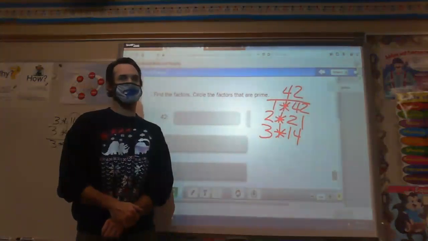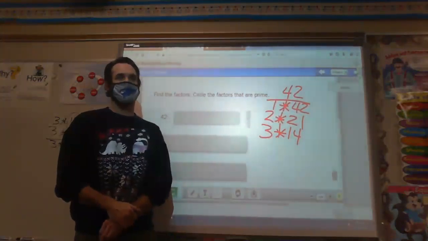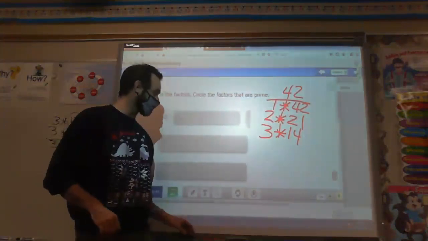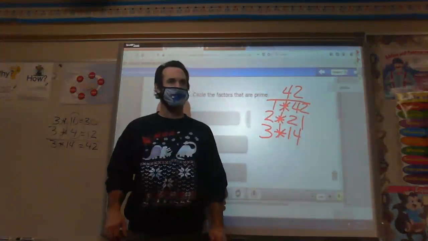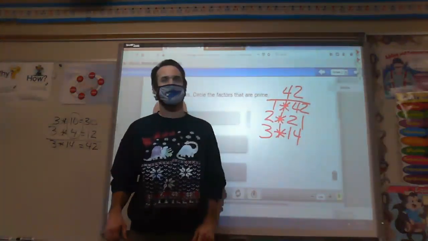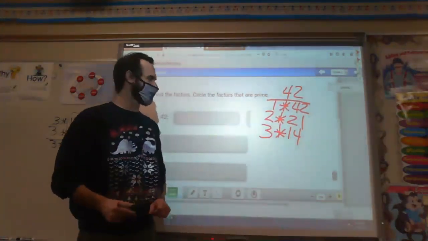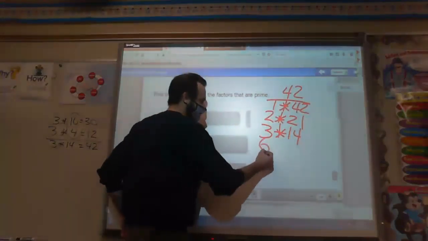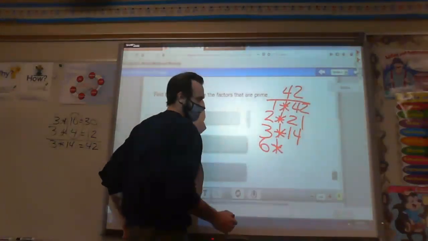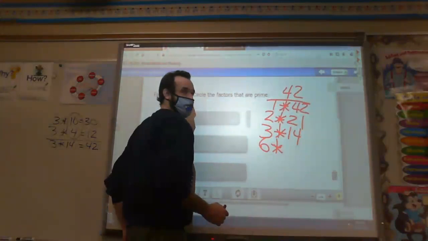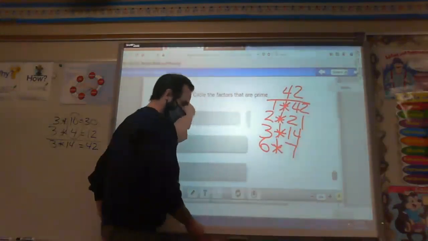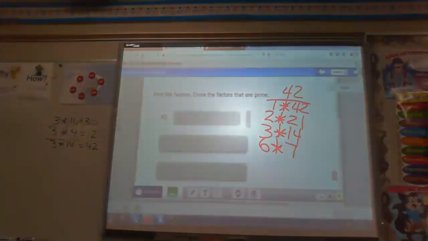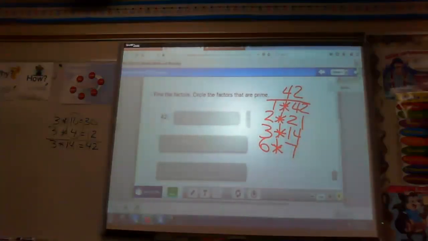So we're going to probably have some people having to go back to the computer in the back and take some dojo points. 4 won't work because 21 is odd. 5 won't work because this doesn't end in 5 or 0. So Elizabeth is right. The next one's going to be 6 because she said we can do what? Elizabeth, what can we do? Half 14. Yep. And then what would be the next one you would try? 7. But it's already up there, so that means you're done.